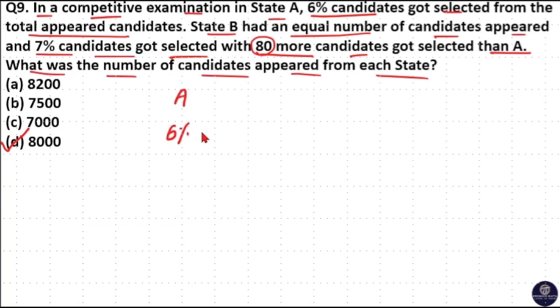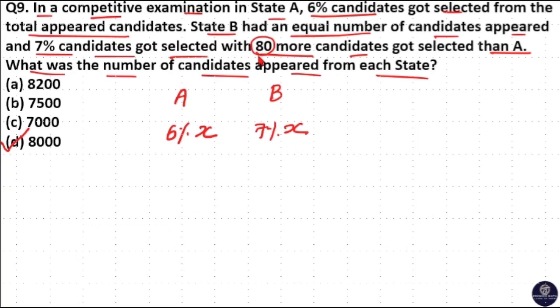That is, state A has 6% of total candidates. Let us consider X as the total number of candidates. Then state A has 6% of the total number of candidates selected, and state B has 7% of the total number selected. That is, state A has 6% of X and state B has 7% of X selected.